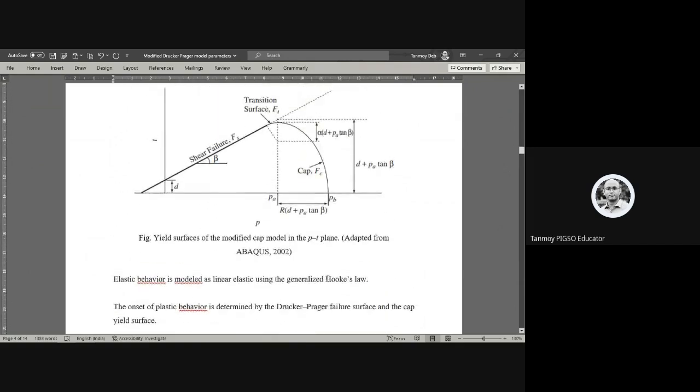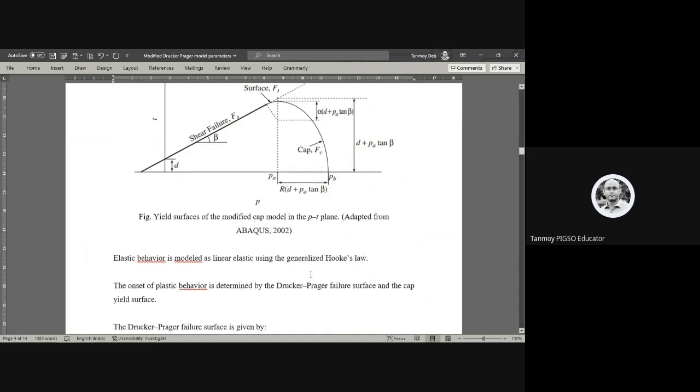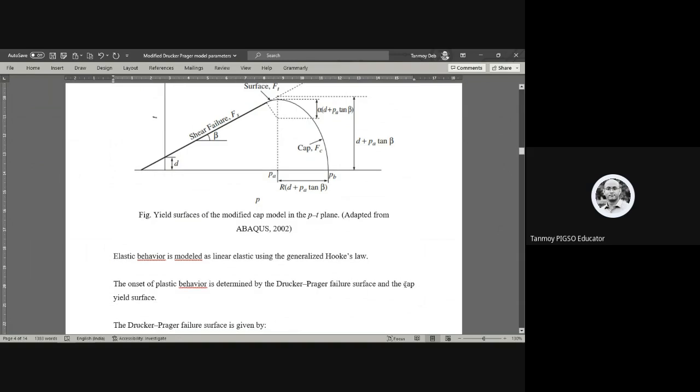So as the load is applied on any material, the material always obeys Hooke's law, and within this elasticity limit, the strain or stress calculations are done from proportionality. However, when the load exceeds the yield point, the onset of plastic behavior can be determined using the modified Drucker-Prager surface or this cap yield surface.